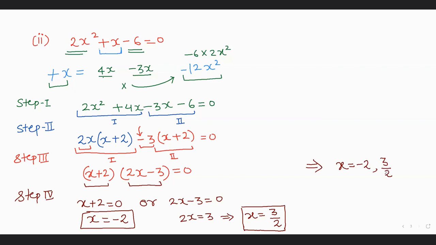Now let us discuss question 1 part 3. If you see student question 1 part 3, we have square root 2 x square plus 7x plus 5 square root 2 equal to 0.